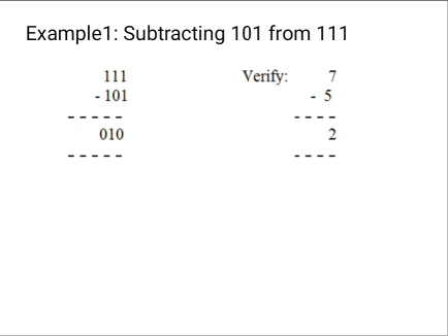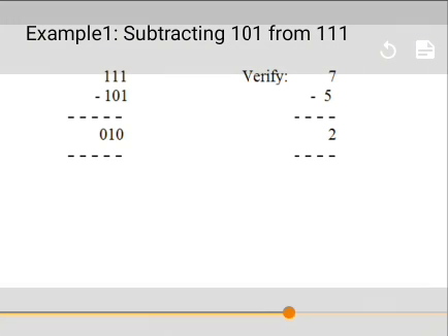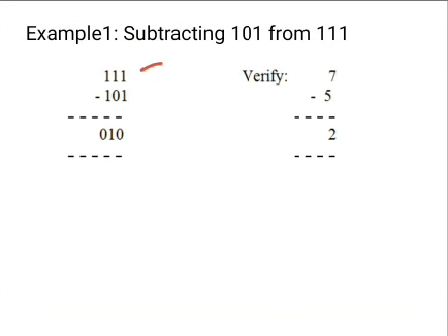Next example, subtract 101 from 111. You know, 111 in decimal is 7. 101 in binary means 5. That means 7 minus 5 equals 2. So, in the first column, 1 minus 1 equals 0.